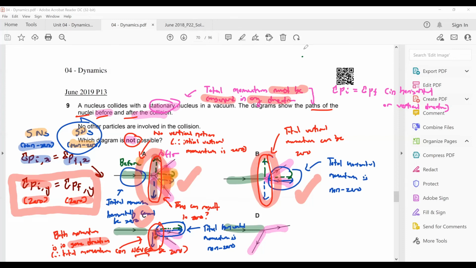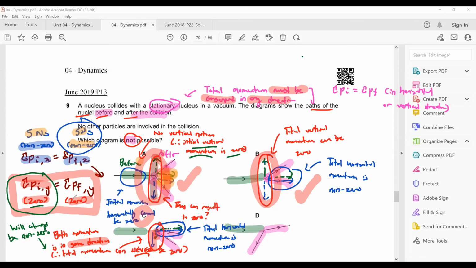Okay, so maybe I write another statement here. This one will always be non-zero. Okay, but the thing here is that the initial vertical momentum you already know must be 0 because you have no vertical motion whatsoever before collision. The initial vertical momentum is 0.